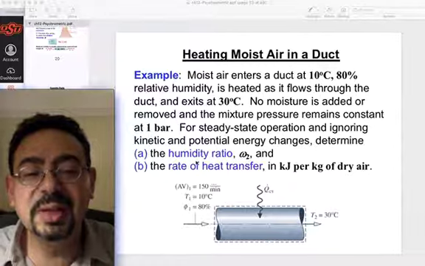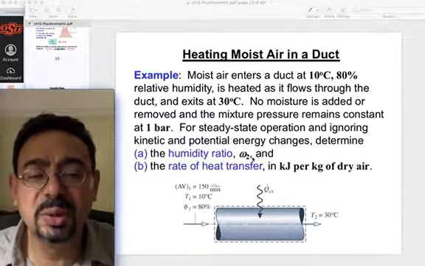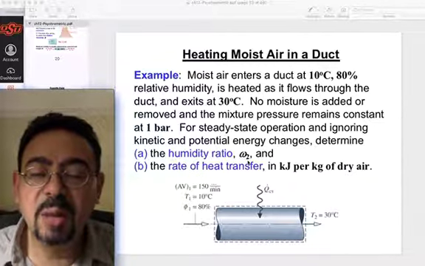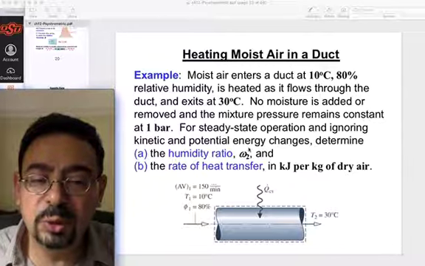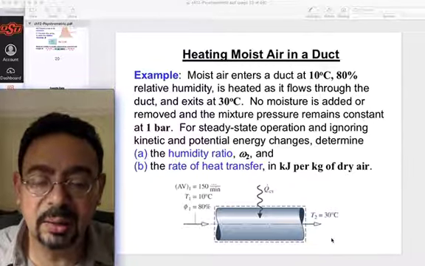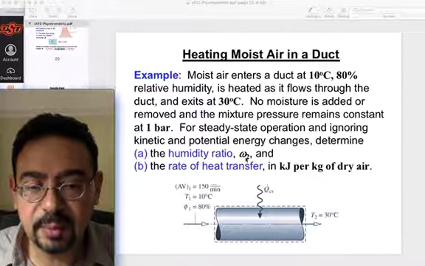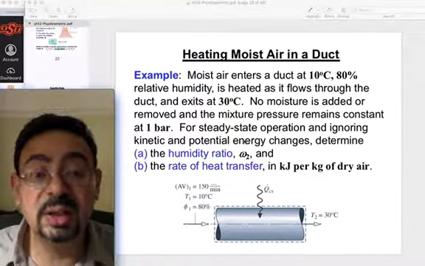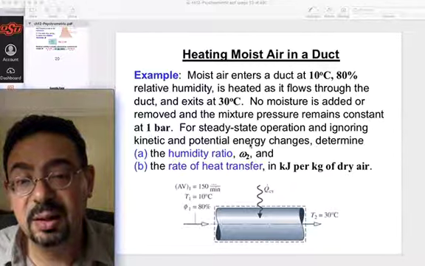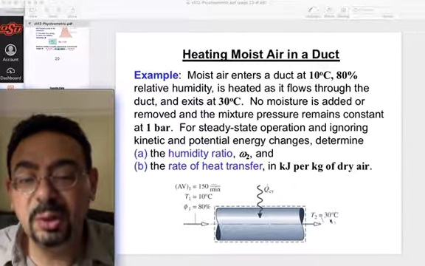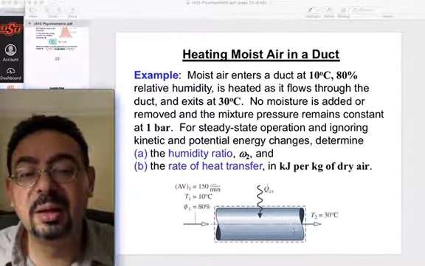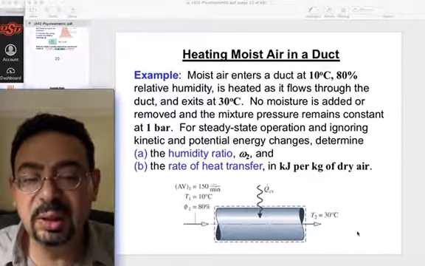And also when you say, well, give me the humidity ratio, what is that? Kilogram per kilogram, right? Kilogram of water vapor per kilogram of dry air. So if he's asking for kilogram, we need the continuity equation. And even if he didn't ask for omega 2, you know that when you apply the energy equation, you would need m dot, right?